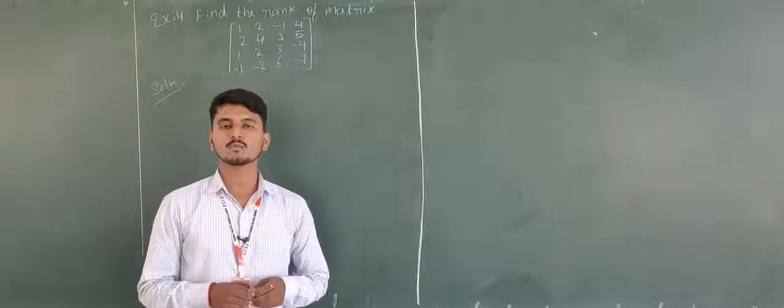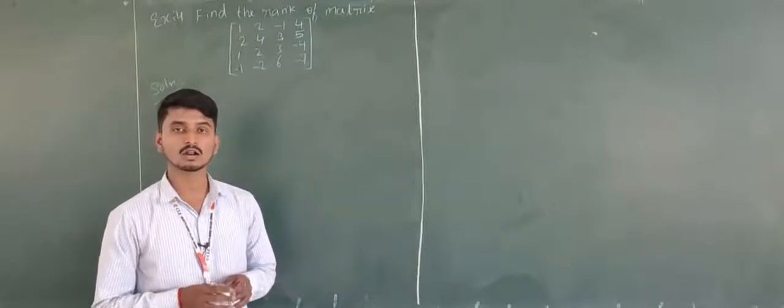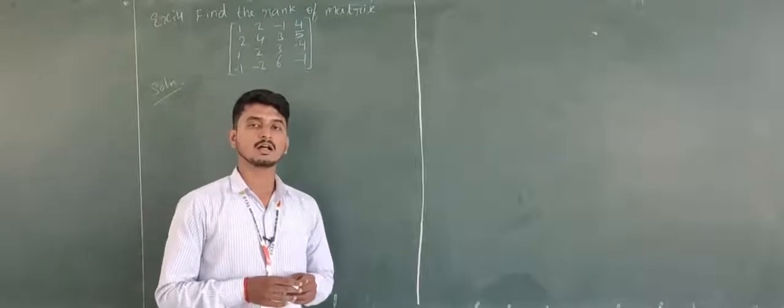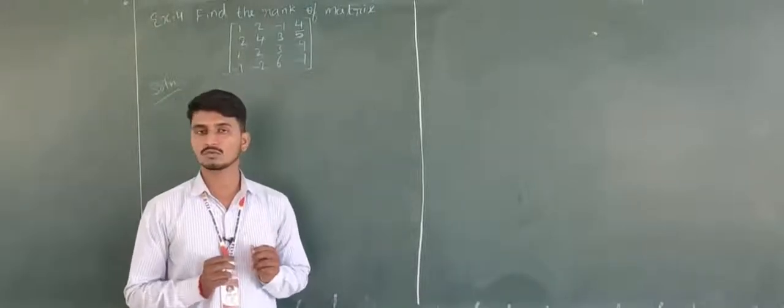In the previous video, we discussed how to find the rank of a matrix of order 3 cross 3. Now we will find the rank of a matrix of order 4 cross 4.